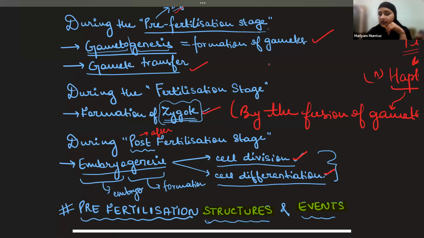What is the ploidy of the zygote? You told me that gametes are haploid, right? Now, a zygote is formed after the fusion of the two gametes. So what is the ploidy of the zygote? Two chromosomes.